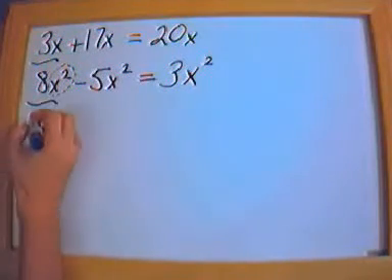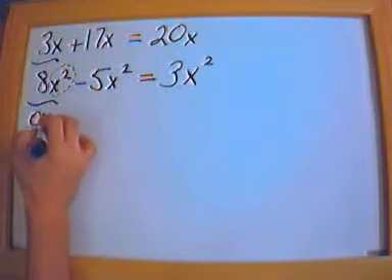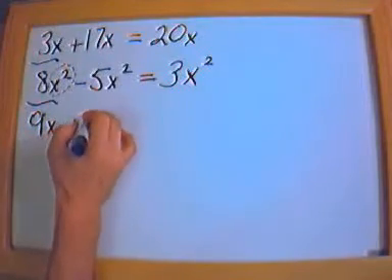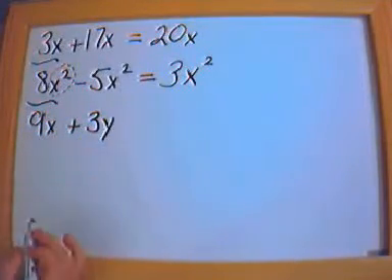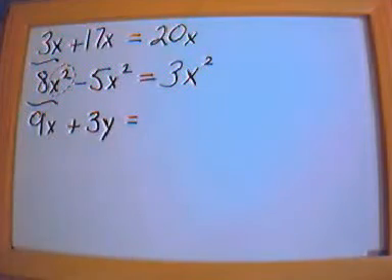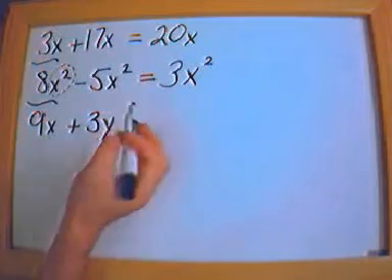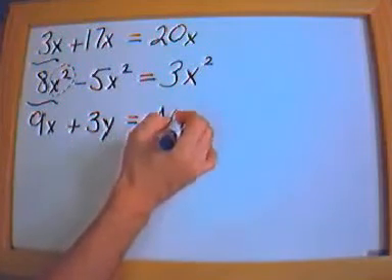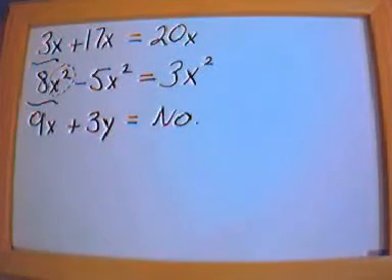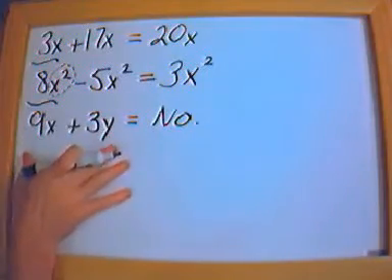Now let's take a look at something similar. Let's say you have 9x plus 3y. Well, you see we have an x here and a y here. So the bottom line is you can't simplify that any further. That is simplified. There's nothing more you can do with this.